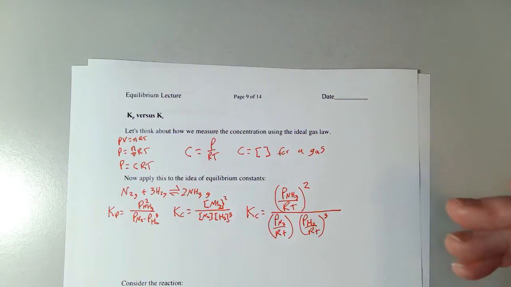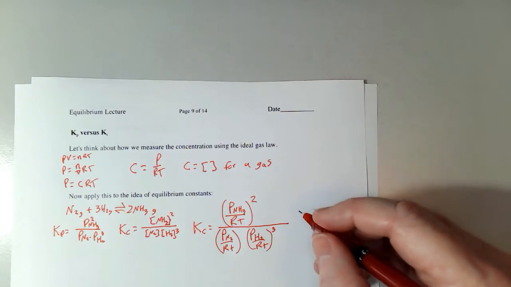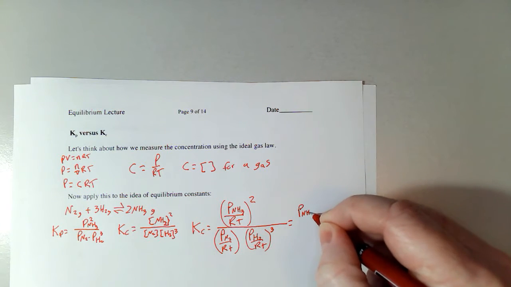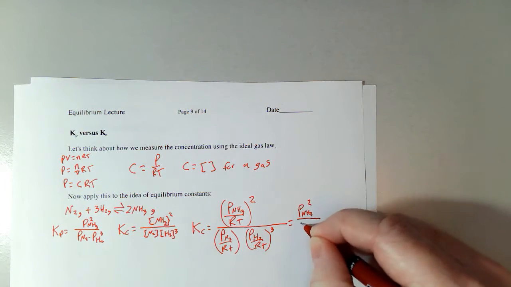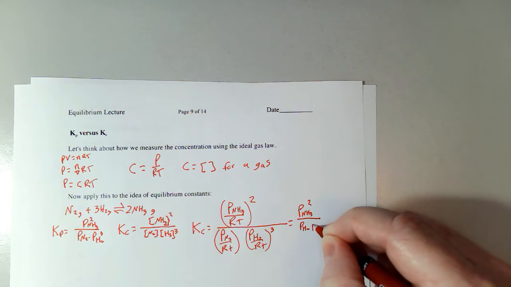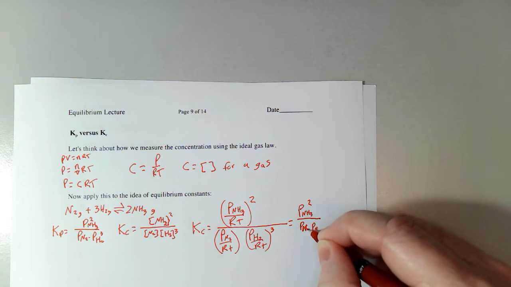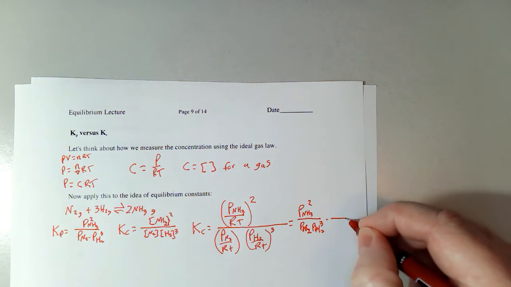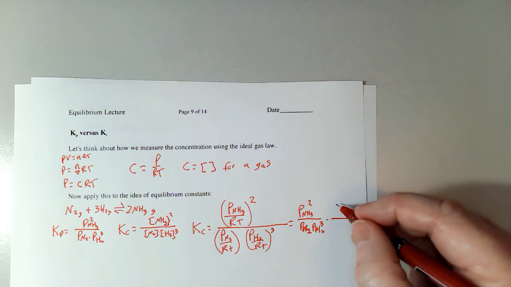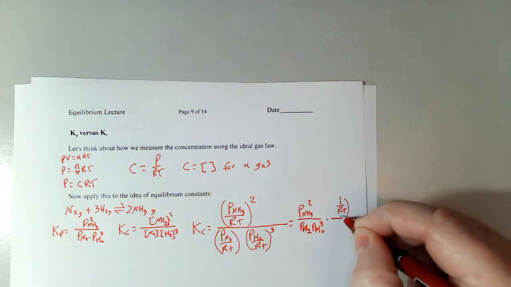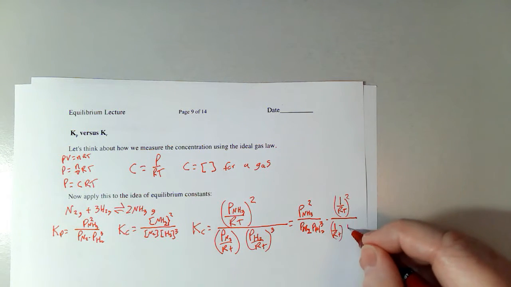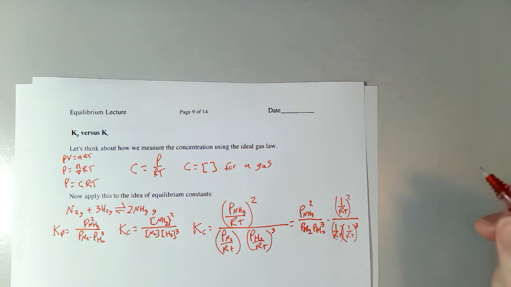Now, I can do a little bit of factoring, and what I can see here is that this equals the pressure of the NH3 squared over the pressure of the N2 times the pressure of the H2 cubed, times 1 over RT squared, 1 over RT, and 1 over RT cubed.